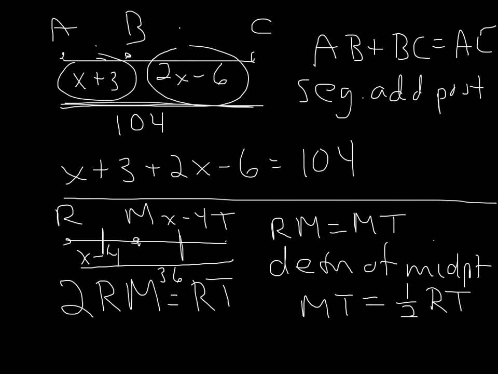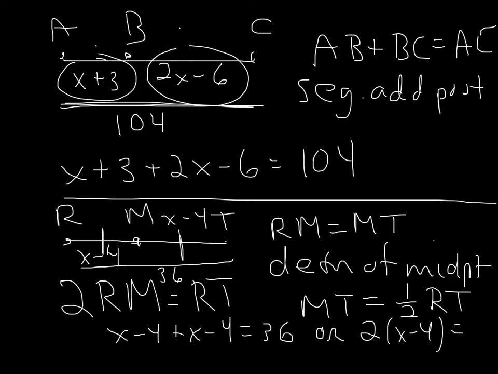And you could add and say x minus 4 plus x minus 4 equals 36, or you could take two of the small pieces, which would be 2 times (x minus 4), also equal to 36.